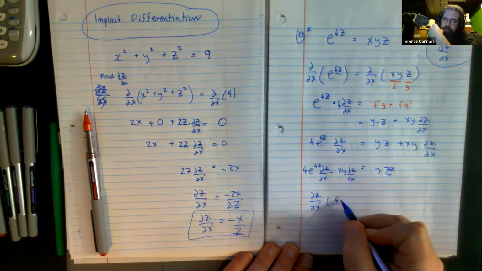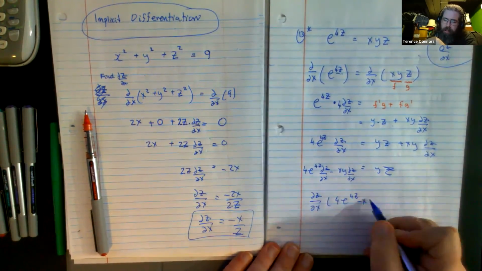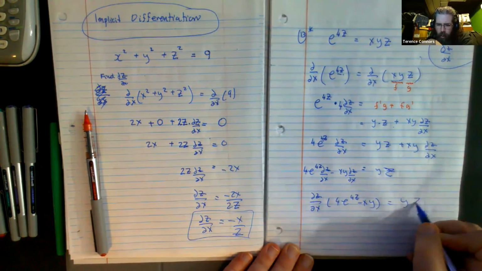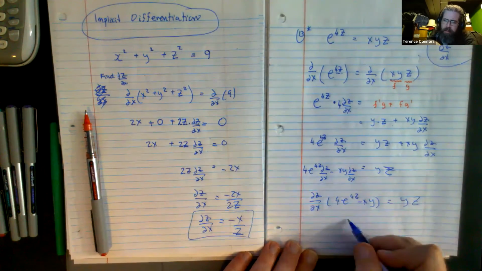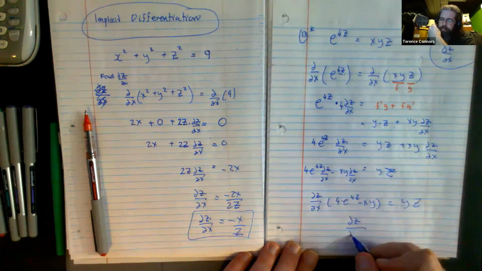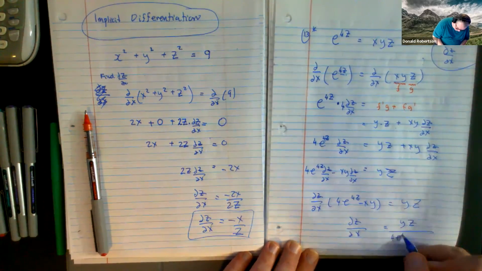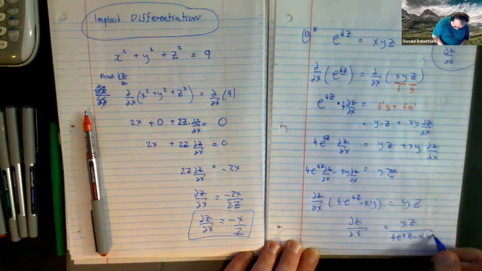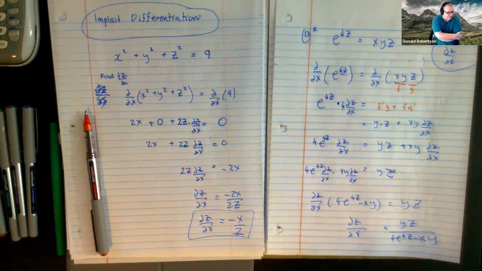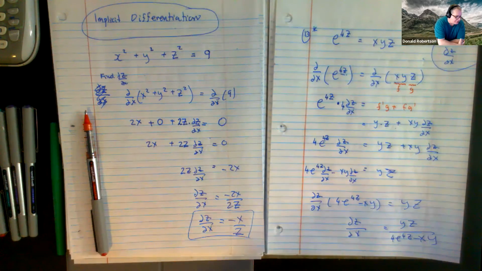Looks good. Then divide both sides by the 4 e to the 4z minus xy. It takes me longer to write it than it is to see it or to think it. But does that process make sense? Aren't you essentially just solving an equation, right? And you're trying to solve it for dz by dx.